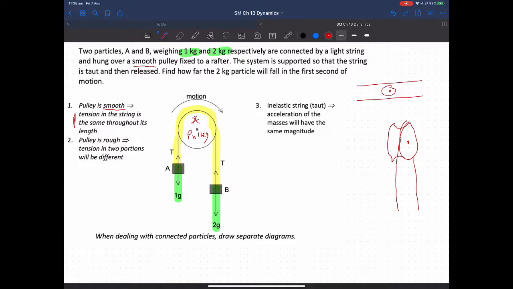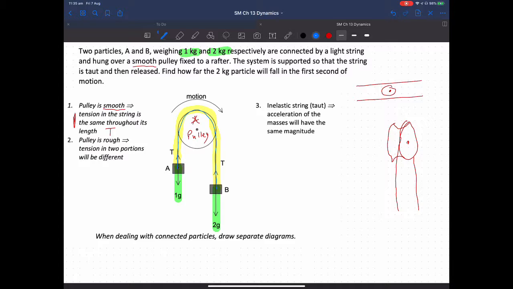The tension I have represented by T. So what we have is the string, which I'm going to mark in blue. The string goes from the center of particle A to the center of particle B. In that string, there is tension.